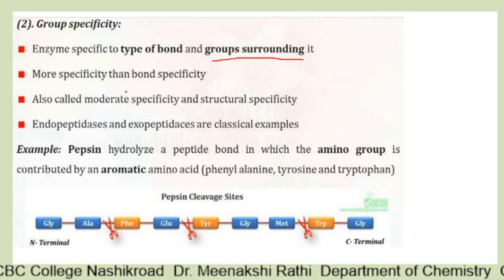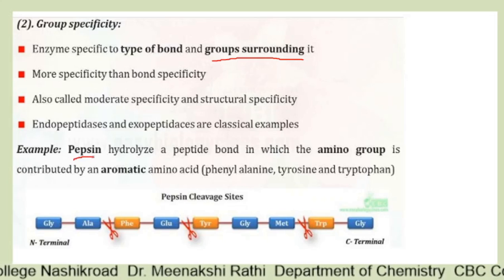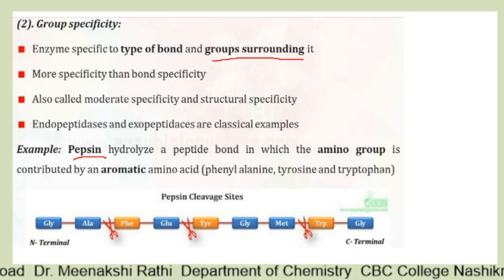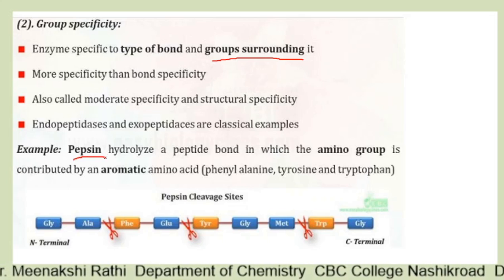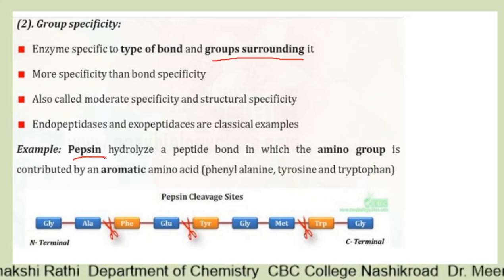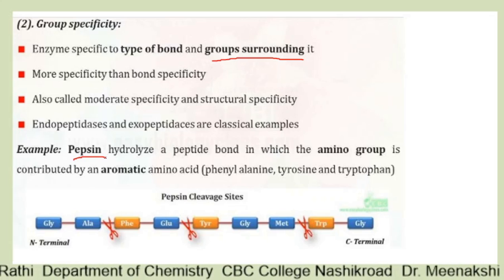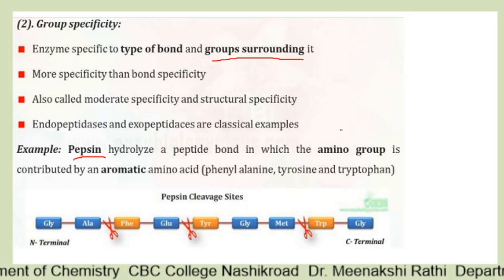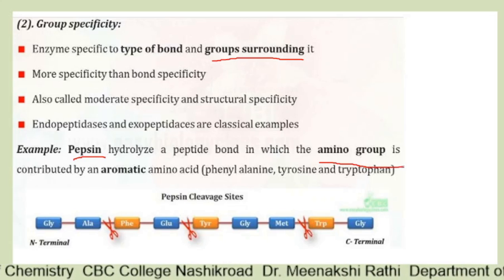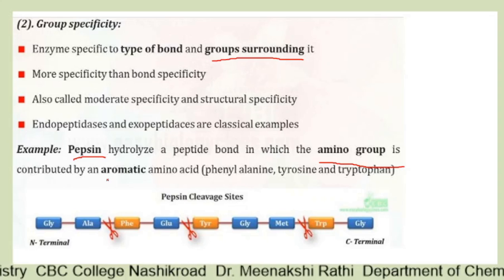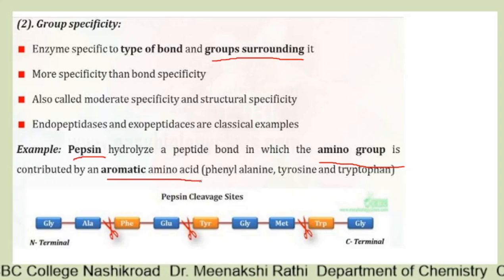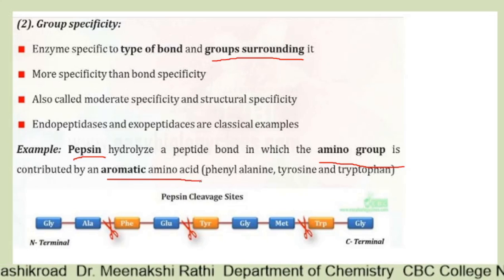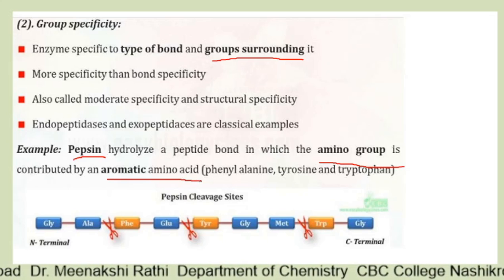The best example of this is pepsin. This enzyme hydrolyzes the peptide bond. But which peptide bond? Only those peptide bonds in which the amino group is contributed by an aromatic amino acid.